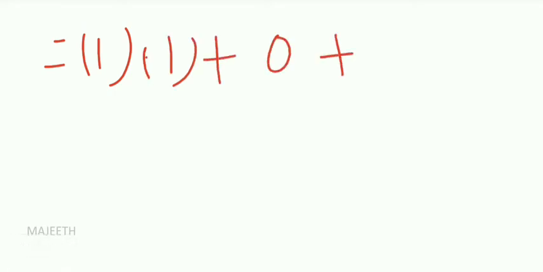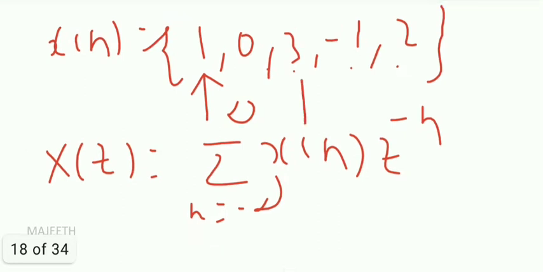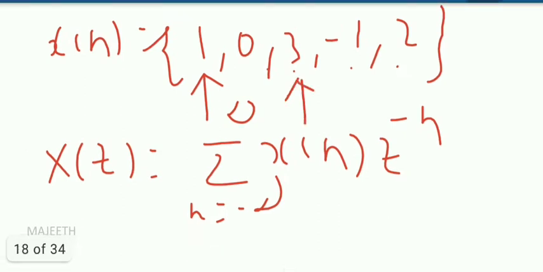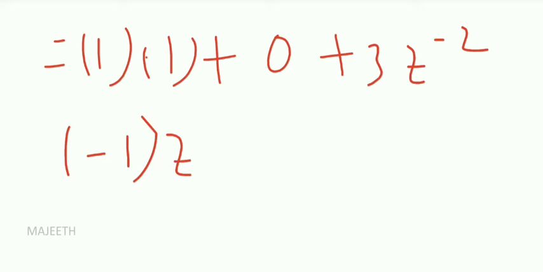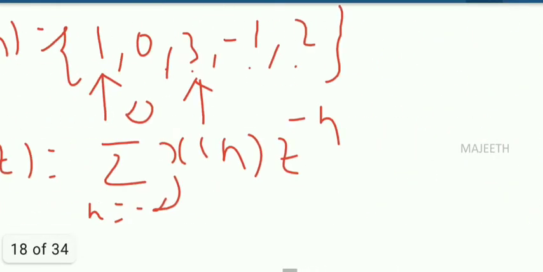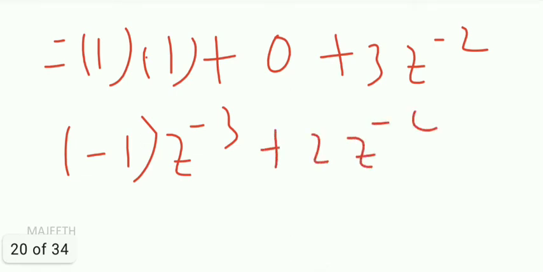So I substitute: x of 0 is 1, z power 0 is 1. x of 1 is 0, so the total is 1. x of 2 is 3, so 3 into z power minus 2. x of 3 is minus 1, so minus 1 into z power minus 3. x of 4 is 2, so 2 into z power minus 4.